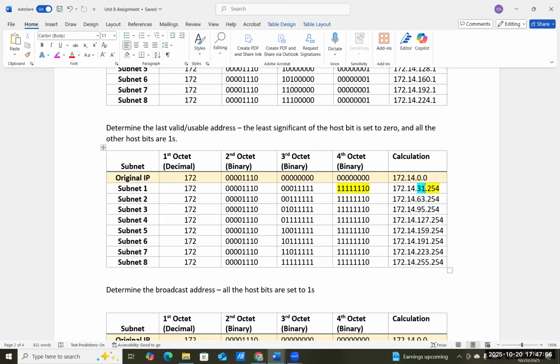And it's also using this octet, remember, because there's 2 host octets and 2 network octets. So are we okay with this? Any questions?